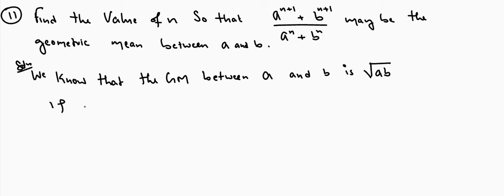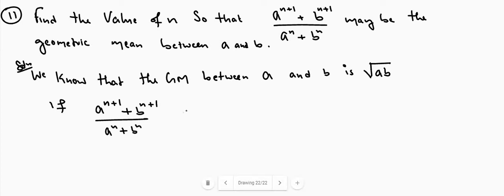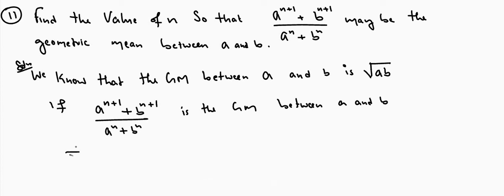If (a raised to n plus 1 plus b raised to n plus 1) by (a raised to n plus b raised to n) is the geometric mean between a and b, that implies we get (a raised to n plus 1 plus b raised to n plus 1) divided by (a raised to n plus b raised to n) is equal to root ab.